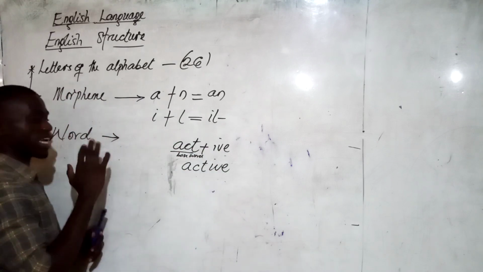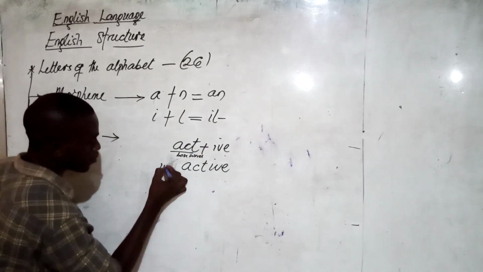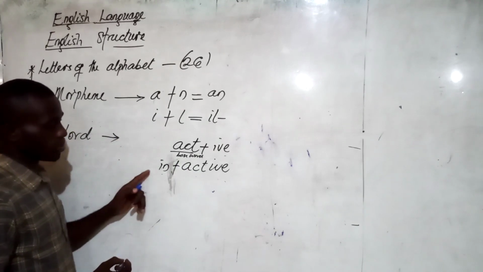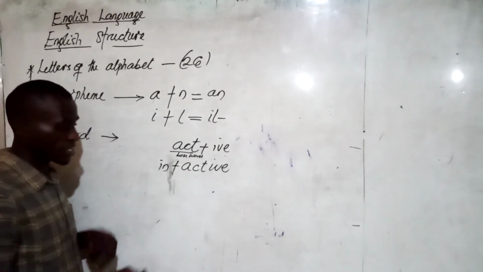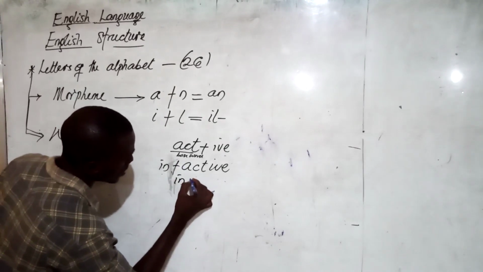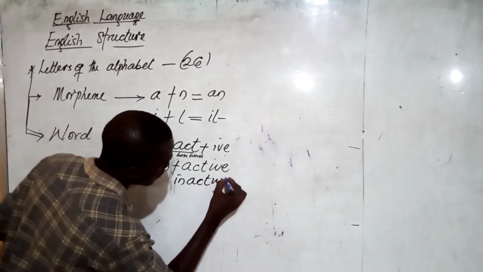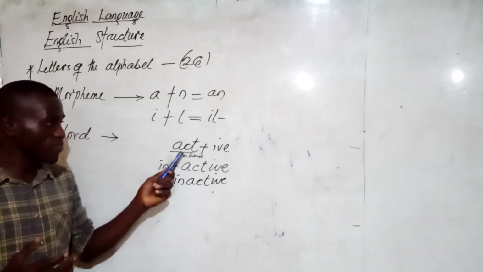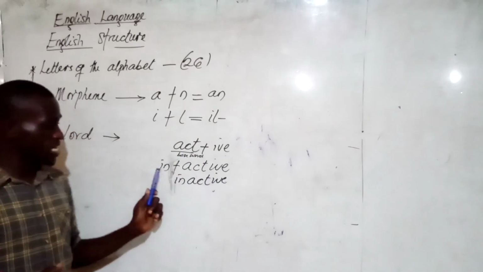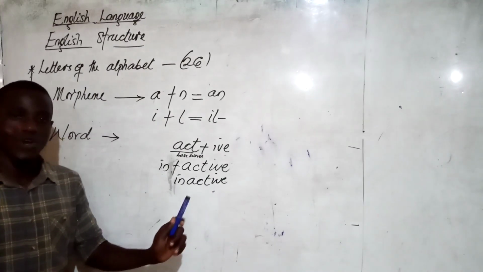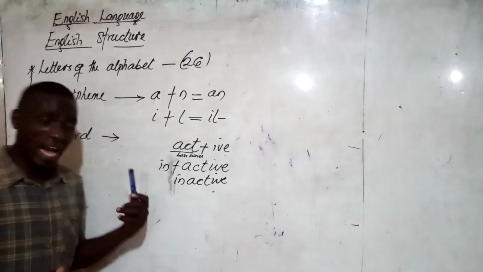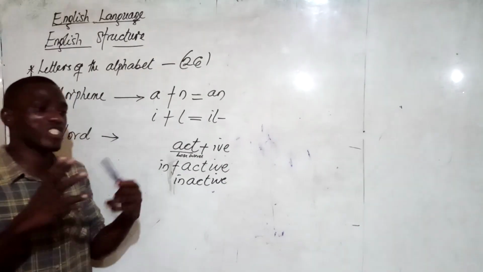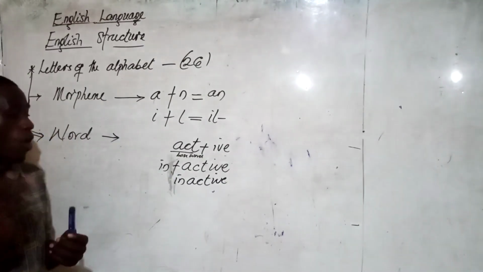Now if I decide to add a prefix, let's say I use in, I add in at the beginning of the word, that is a prefix. I'm going to have the word inactive. Now you see that we keep forming words. We started from act, we went to active, and now we are at inactive. We could continue by adding more morphemes. The more morphemes we add, the more we alter the form of the word.